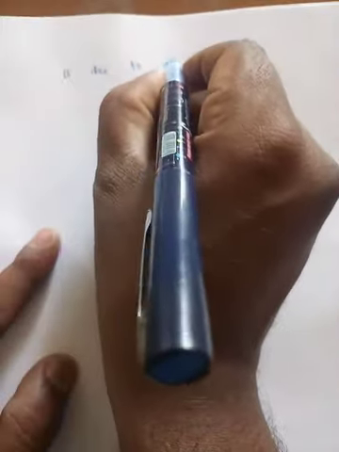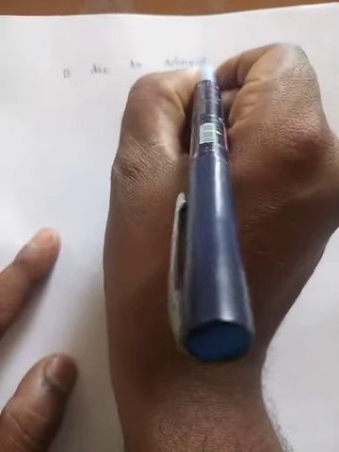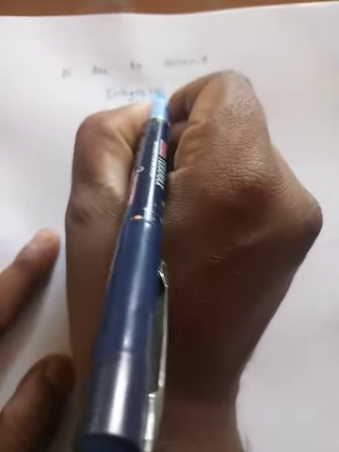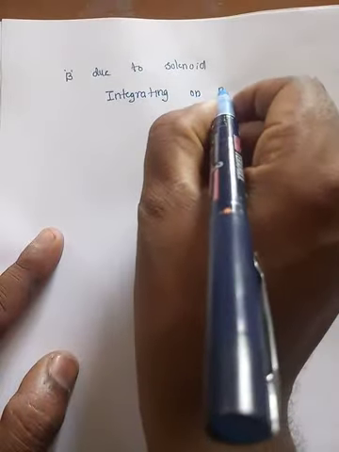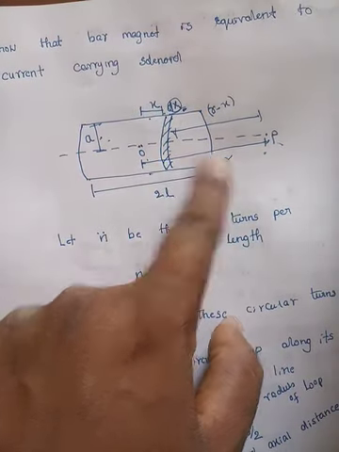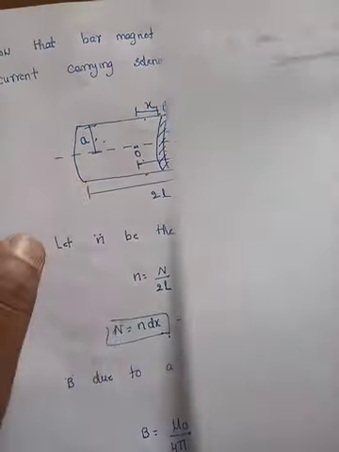Now we should calculate the magnetic field due to the solenoid. Then what we have to do? Integrate on both sides, between the limits. From here to here the length is L, that is plus, and here to here minus.